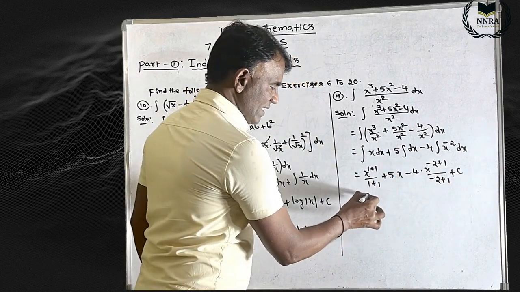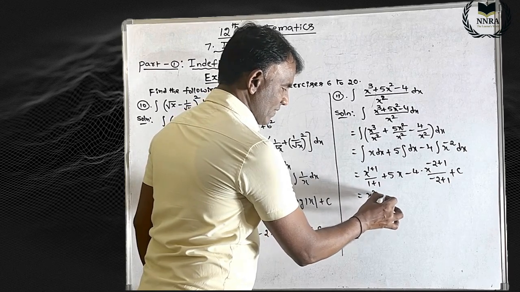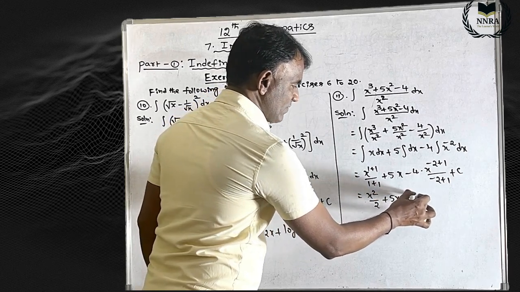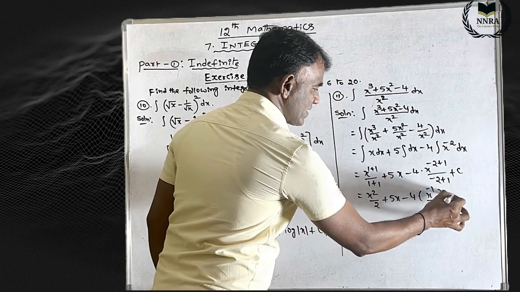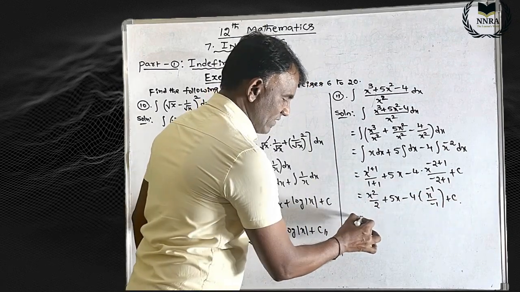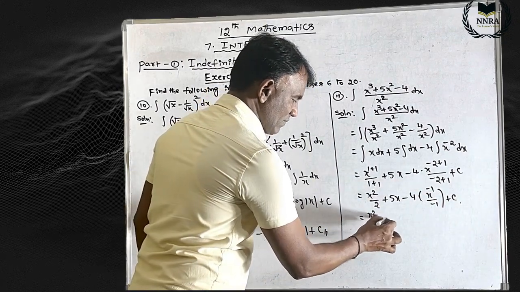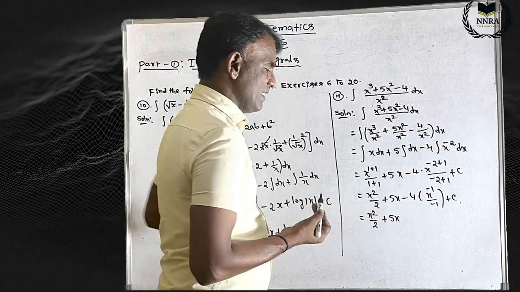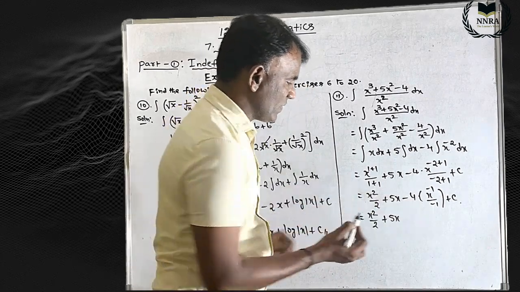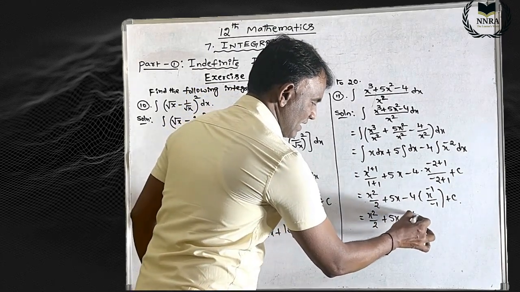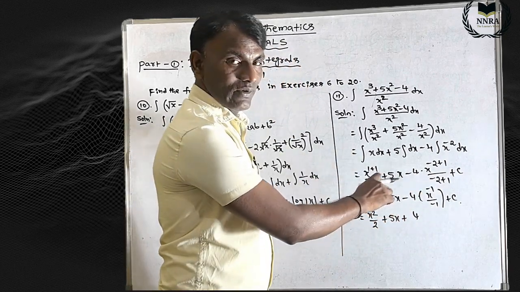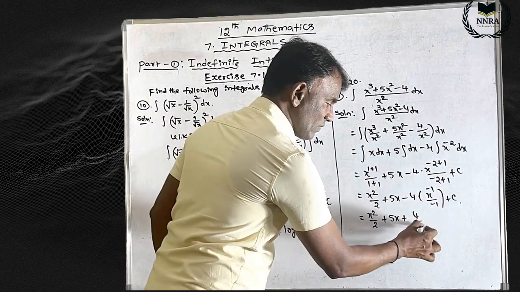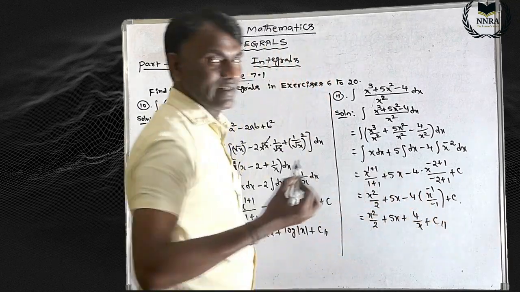So this can be written as x square by 2 and 5x minus 4 into x power minus 1 by minus 1, then constant. You see? And again first two terms are same, x square by 2 plus 5x, right? And minus we get plus. Okay. And 4, x power minus 1 can be written as 1 by x. 4 into 1 by x is equal to 4 by x, then constant c.